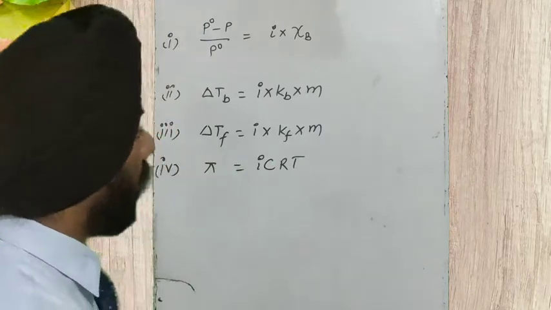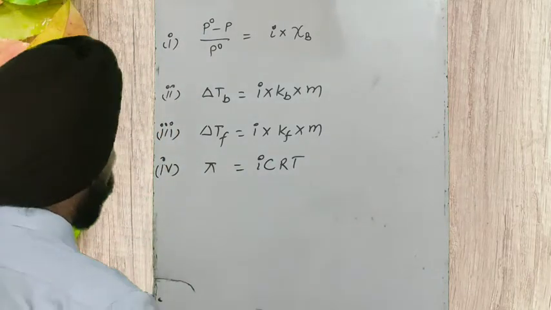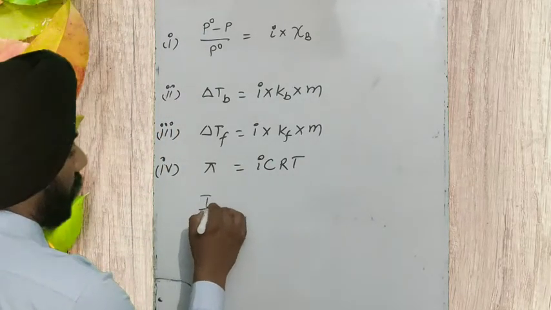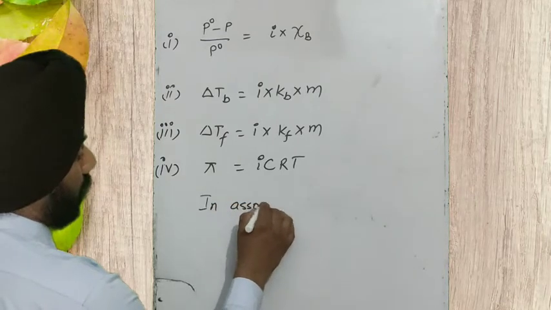Okay, how to calculate the value of i? For that I am going to write the formula. In case of association and dissociation, first we will talk about association.